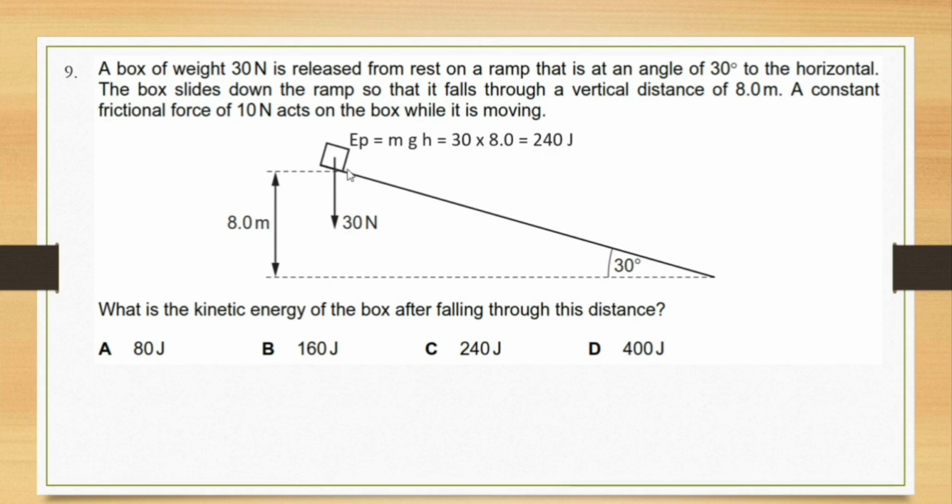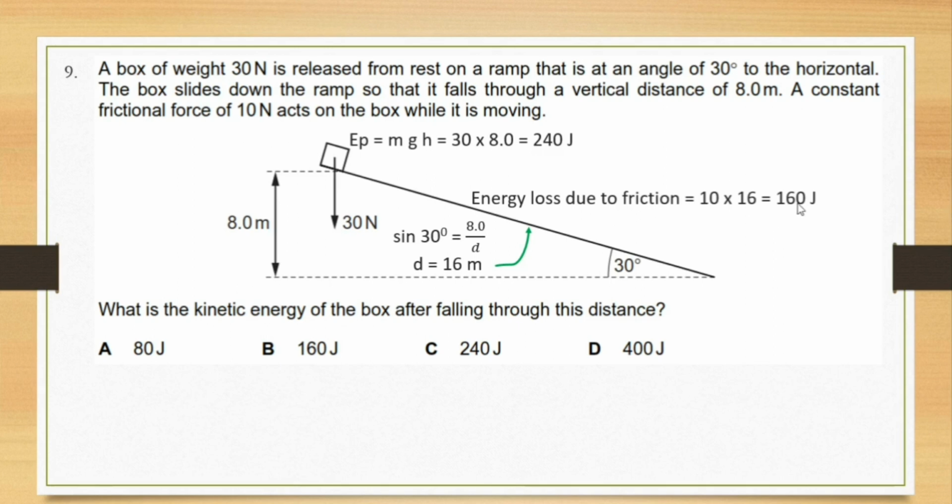And to find that, we have to find the length of the ramp. We can see this triangle, and we can write down that the sine of 30 degrees is equal to the height divided by this d, and this d will be equal to 16 meters. So this box will go down the ramp along 16 meters, and that's when there is energy loss due to friction, which is equal to the friction force multiplied by the displacement of the box.